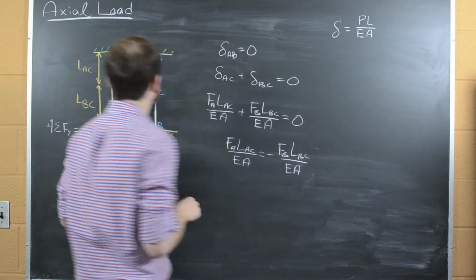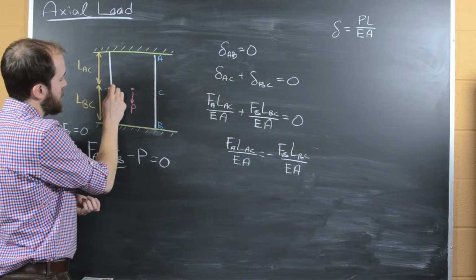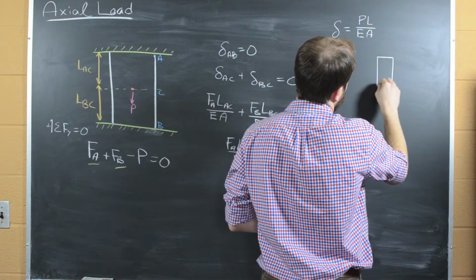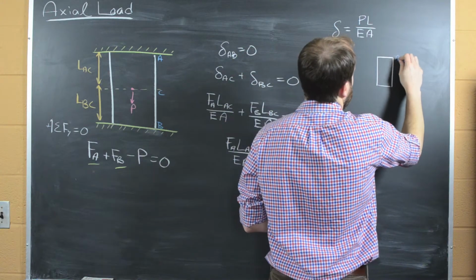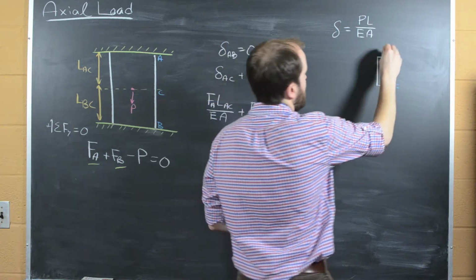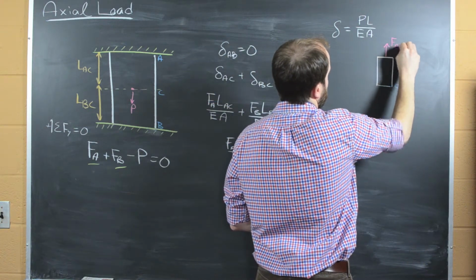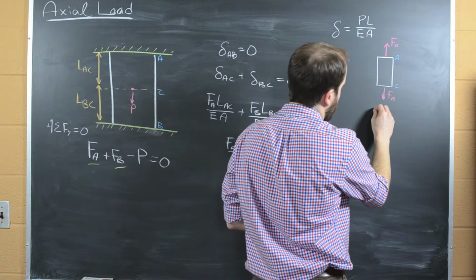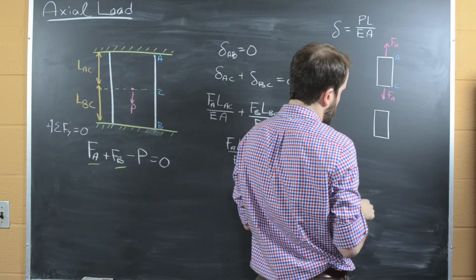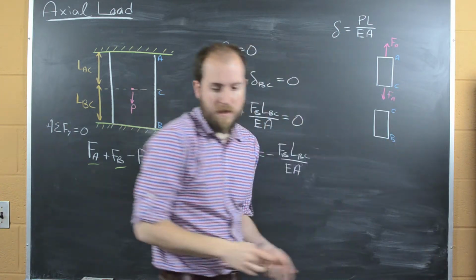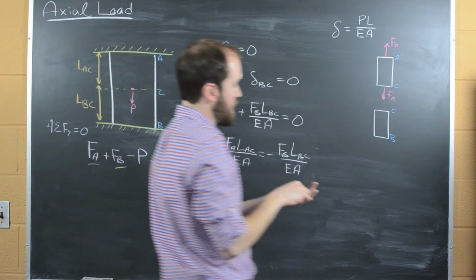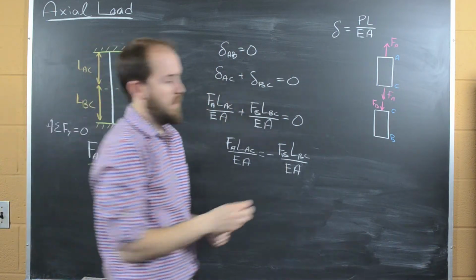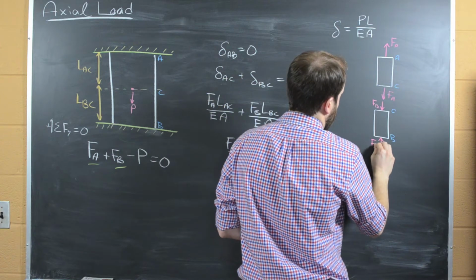And so if we take this structure and we cut it here, what we find, and we redraw it over here, is that if we have a force A here and a force A here, and we can redraw our second part, the bottom portion, as C and B. We know that there's going to be a force B here and a force, the reaction force B here.